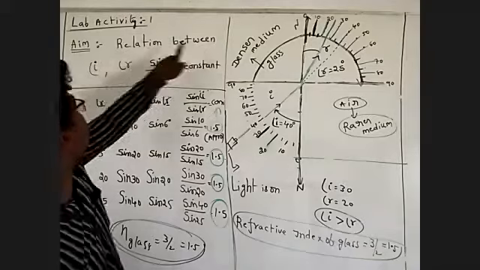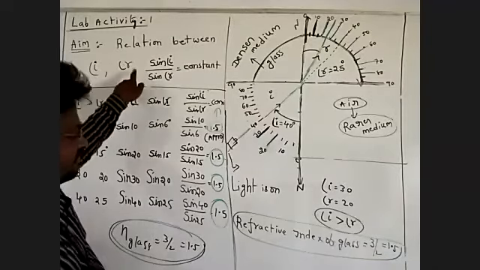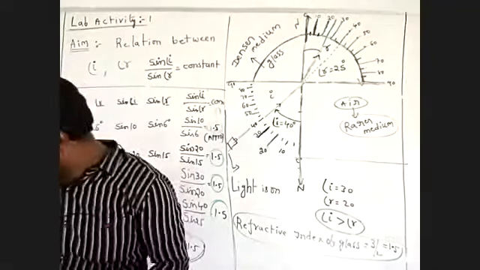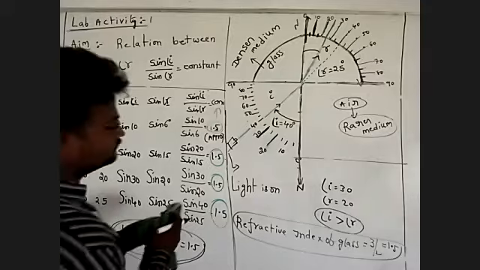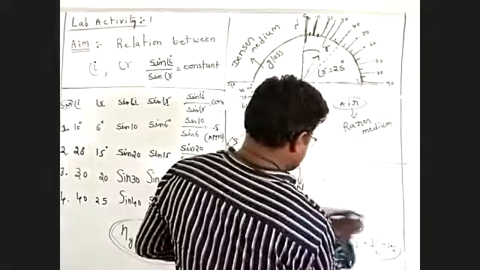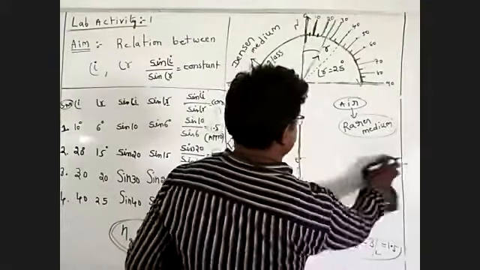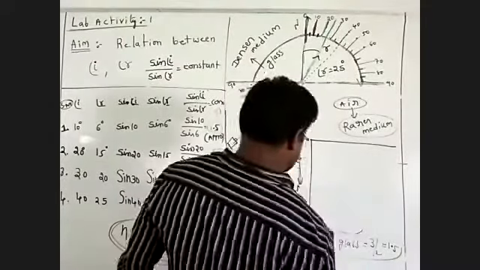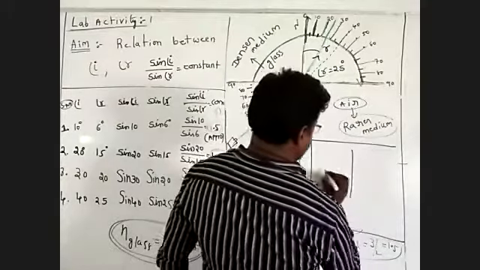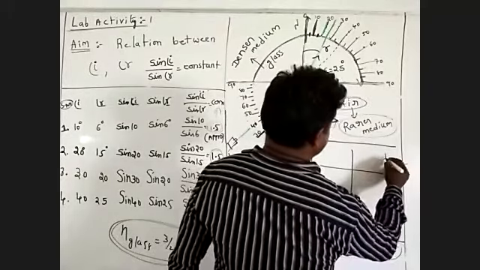Now, the relation between angle of I and angle of R. Do you know one basic point? Light travels from the rarer medium to the denser medium.